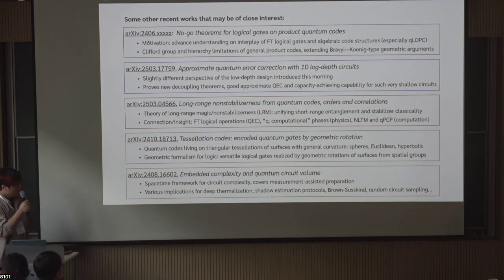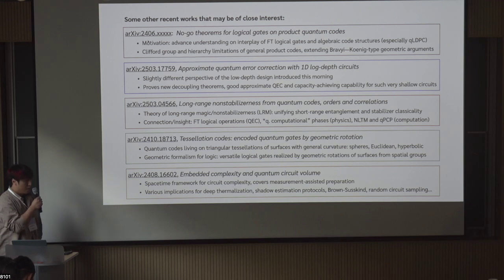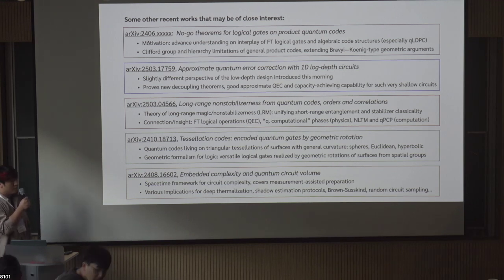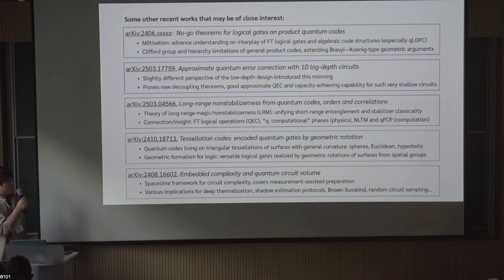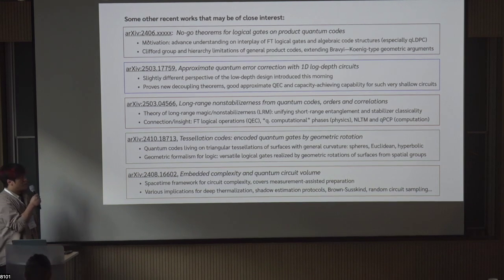And number three is here we introduce the theory of long-range non-stabilizerness or magic. And in my own words, I will describe it as a strengthening of the long-range entanglement theory that we are very familiar with for both physics and computational complexity reasons.